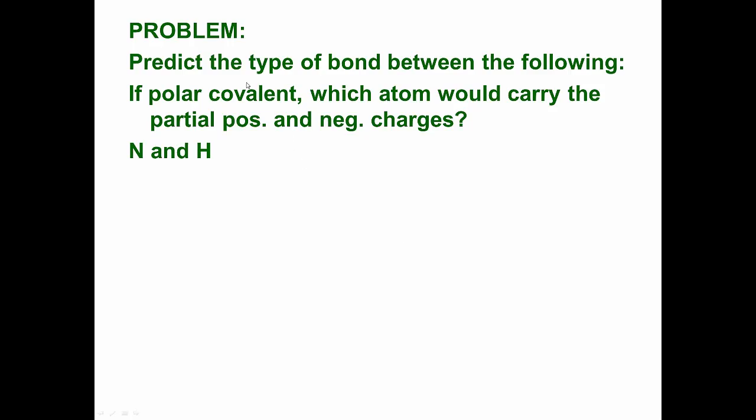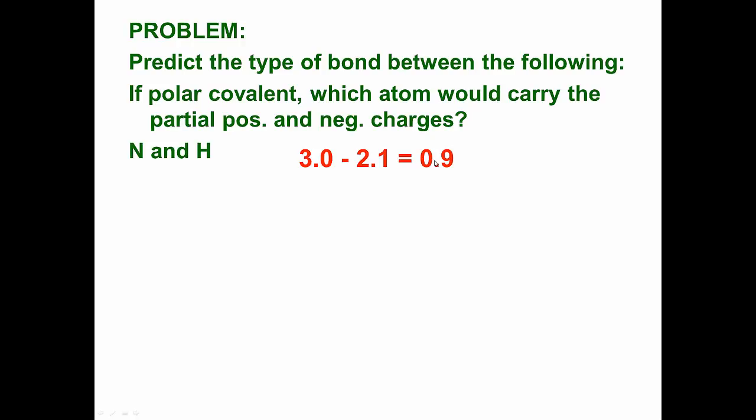So here's a problem. Predict the type of bond between the following: nitrogen and hydrogen. It's asking, if polar covalent, which atom would carry the partial positive and partial negative charges. Nitrogen has an electronegativity value of 3.0. Hydrogen is 2.1.